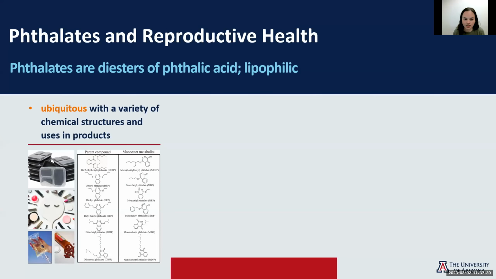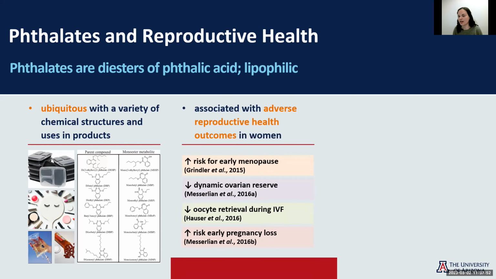They are used in lots of different products. They exist in many different chemical structures, and that's what makes them so ubiquitous. They can be used in things like plastics, but they can also be in makeup and the coating of some medications. So we know they're everywhere, and we're definitely interested in them.